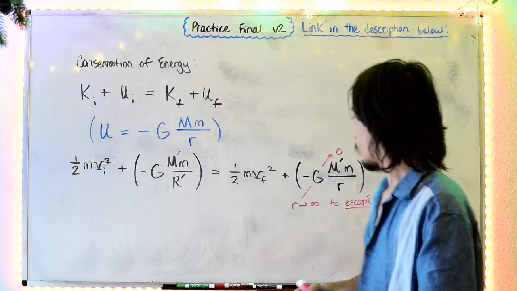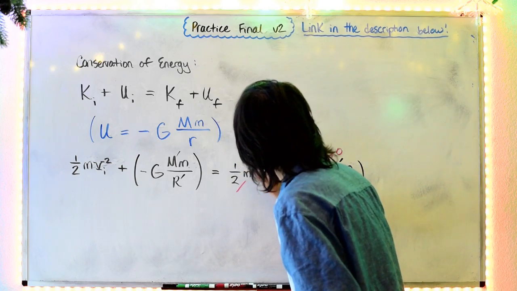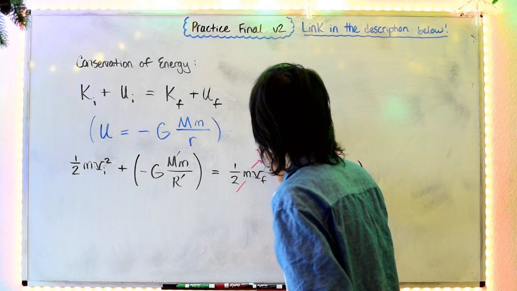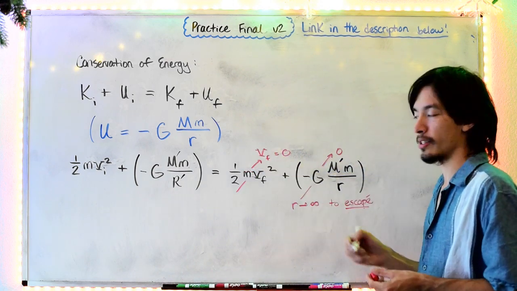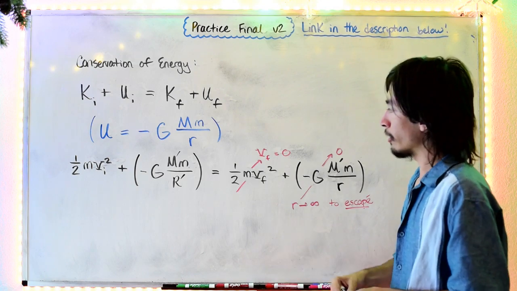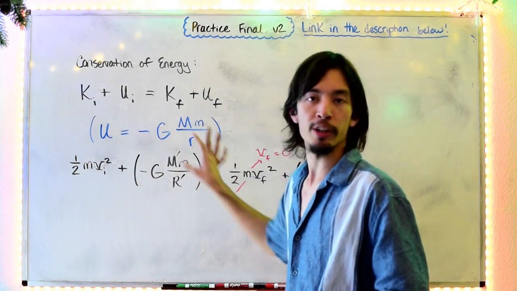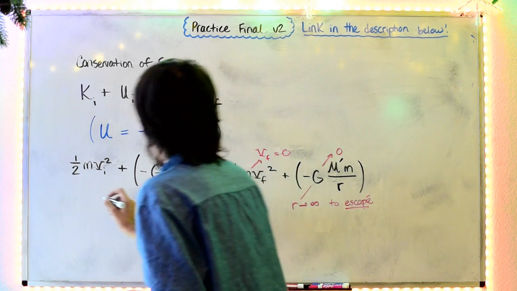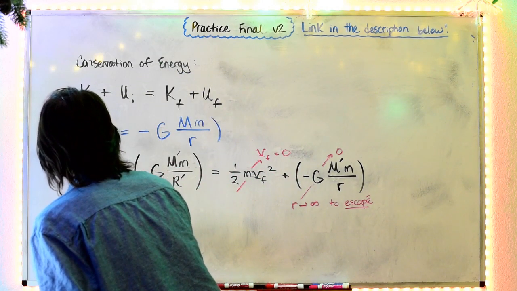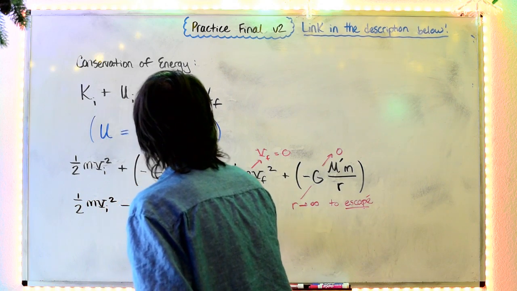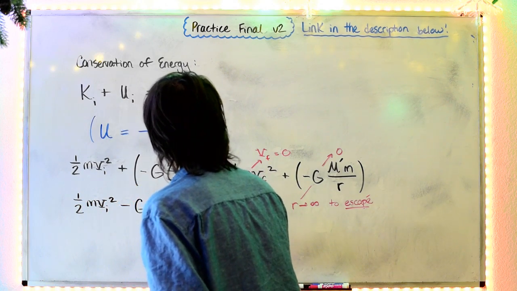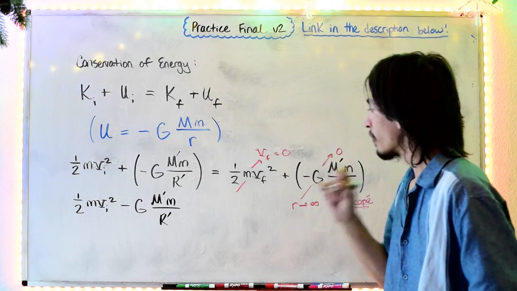At infinity, it's not moving by that point, so that term also drops out to 0. From here, you just solve for your initial velocity. So we have 1/2 m v initial squared minus big G, big M, little m over the radius of the planet equal to 0.